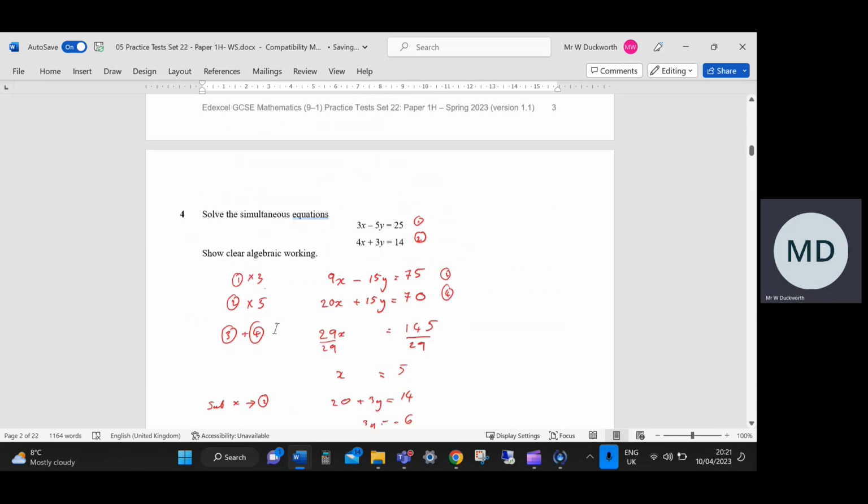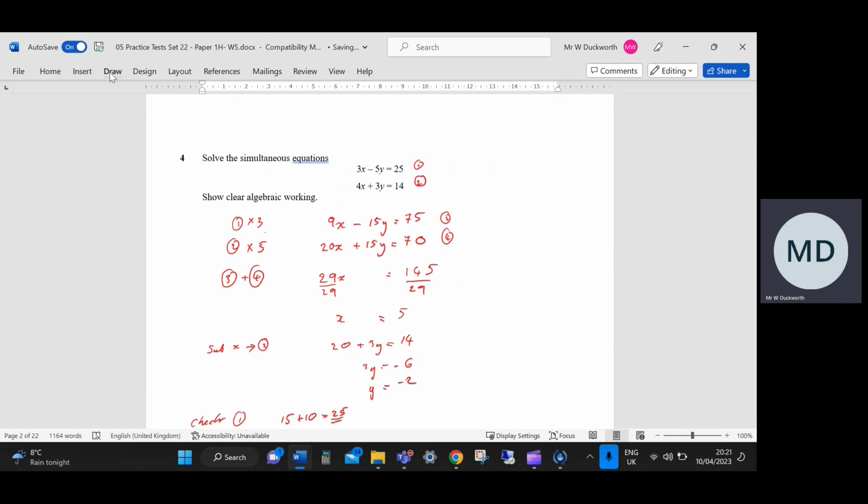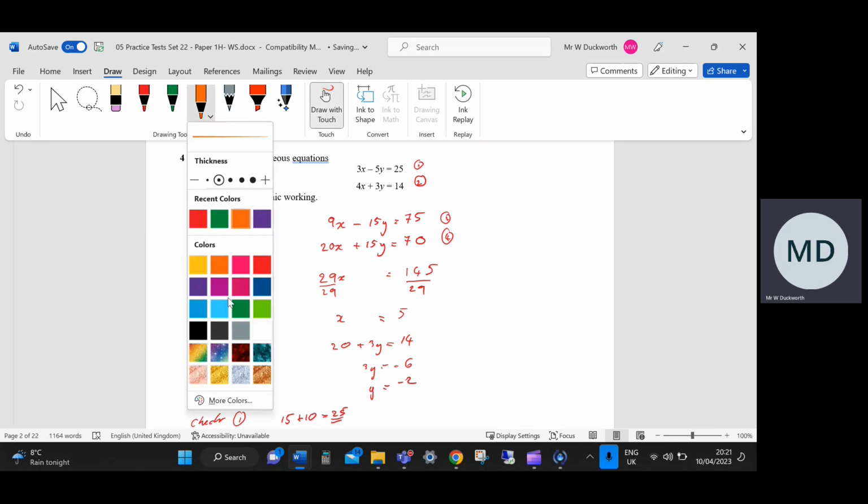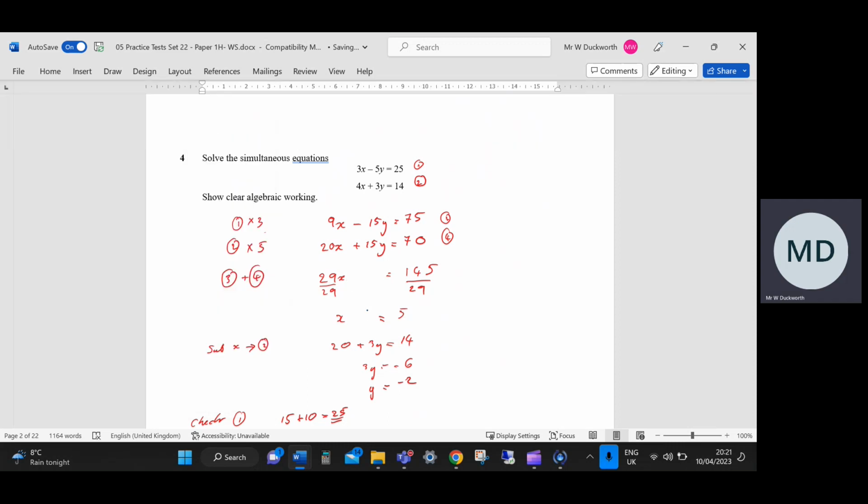And that's the only question on the page, so I'll go straight to the mark scheme at this point. I'm going to bring in a blue pen just because I missed the colour. There we go. Okay, so where am I? M1 for correct method to eliminate x's or y's, and then an A1 for the value for x.